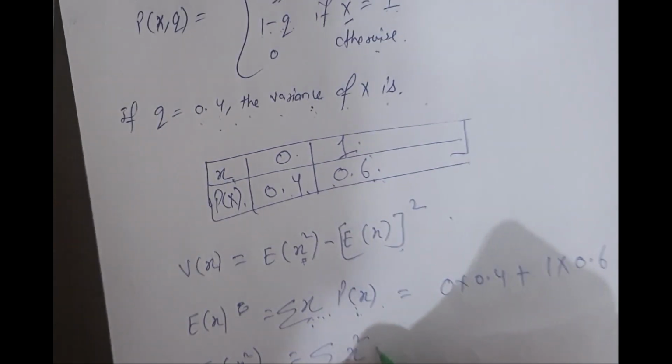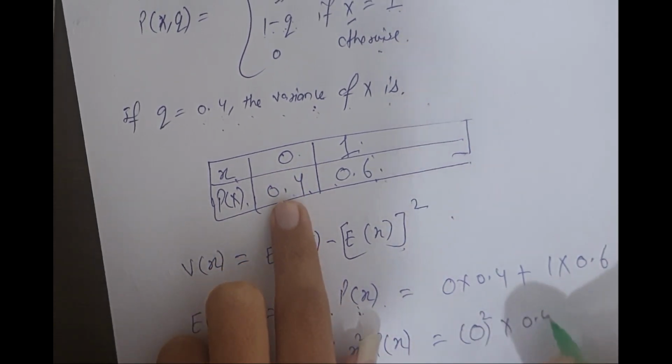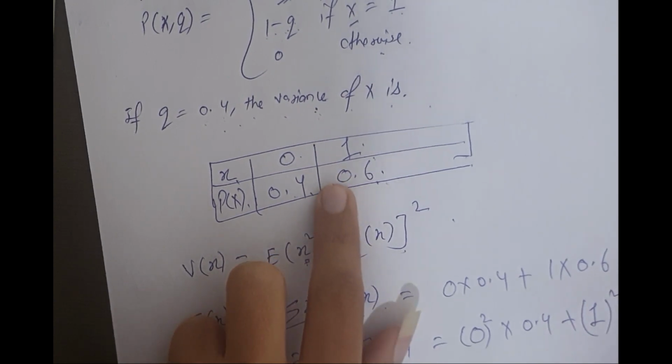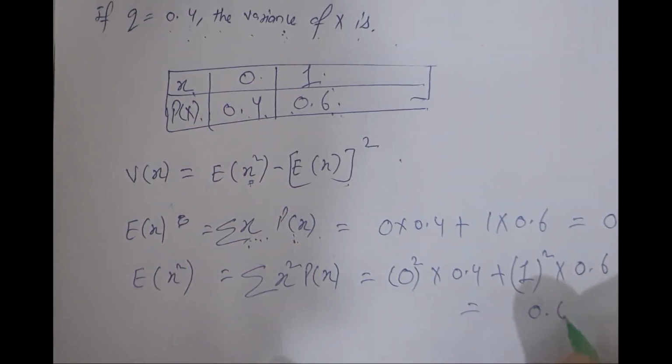Now this is Ex square, that is summation of x square px. Now x square into 0.4 plus x square into 0.6. The answer will come out to be 0.6.